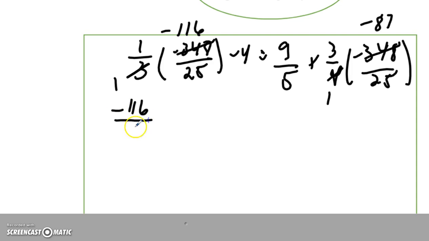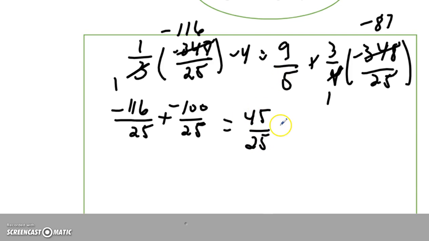So I have negative 116 over 25 plus a negative 4, but negative 4 with a denominator of 25 would actually be negative 100. So, sorry, I could erase that there. So it would be negative 100 equals 9/5 times 5 over 5, which would be 45 over 25, plus 3 times negative 87, which is negative 261 over 25.